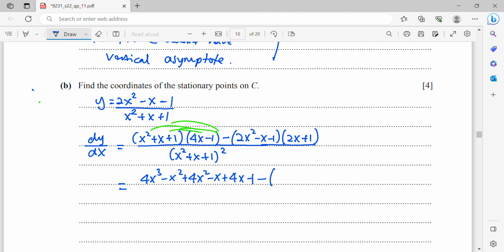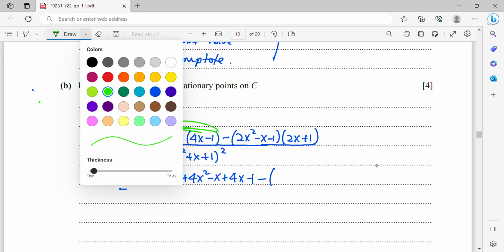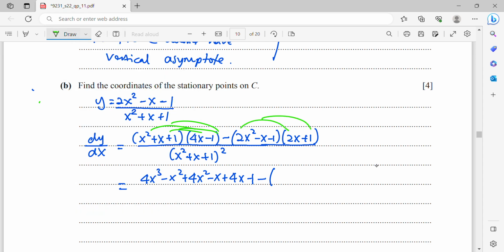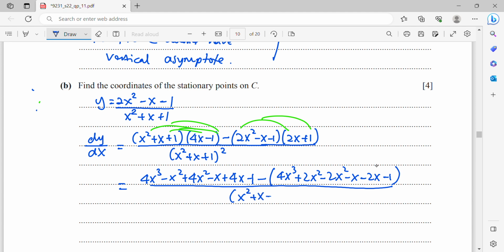Minus bracket, and the same goes for the next. 2x squared times 2x will be 4x cubed, 2x squared times 1 is positive 2x squared, negative x times 2x is negative 2x squared, negative x times 1 is negative x. Lastly, minus 1 times 2x plus 1 will be minus 2x minus 1. Then over the denominator. Please do not expand the denominator; just leave it.